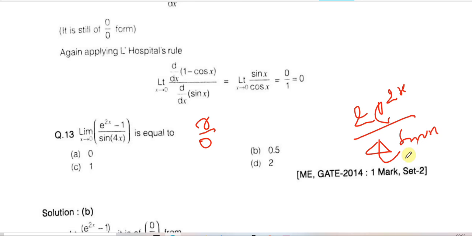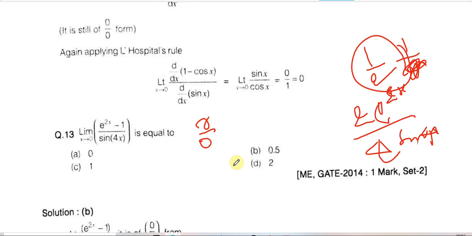So again put x equal to 0, then it's coming out to be 1 upon 0, means the option is incorrect, I think.